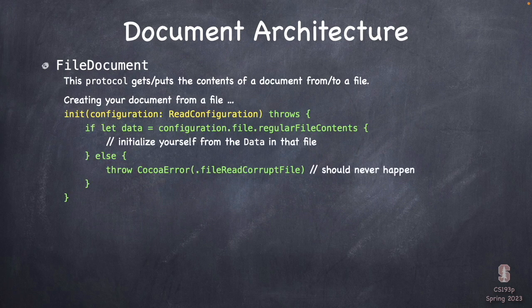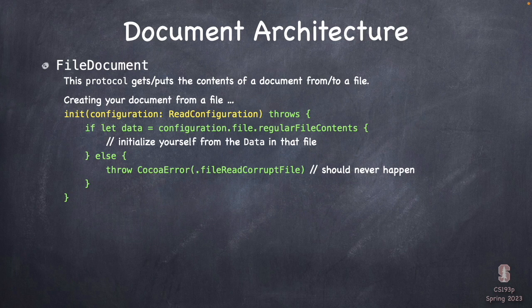So here is the reading from disk, and this is the init of your view model. If you have a view model that is a reference file document, you're going to have this init. And all this init needs to do is take this read configuration, and inside the read configuration, I think there's only two things in there: the type of file it is, like is it a JPEG file or whatever, and then this var called file.